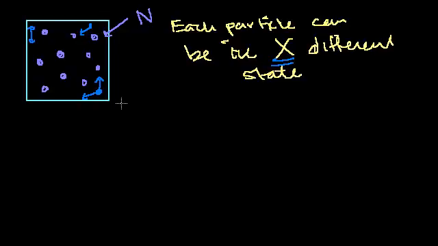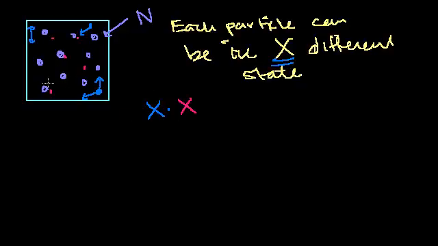Now, if each of them can be in x different states, how many total configurations are there for the system as a whole? Well, particle A could be in x different states. And then particle B could be in x different places. So times x. If we just had two particles, then you would multiply all the different places where the blue particle could be times all the different places where the red particle could be.